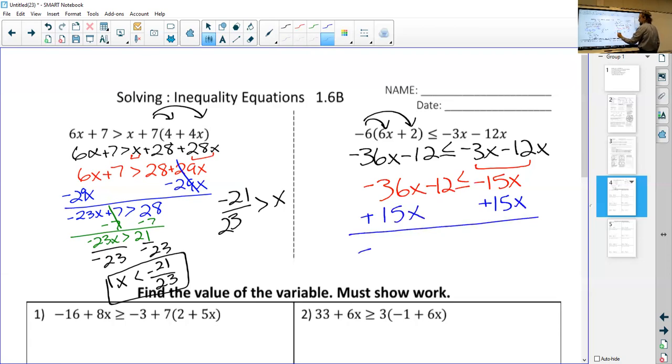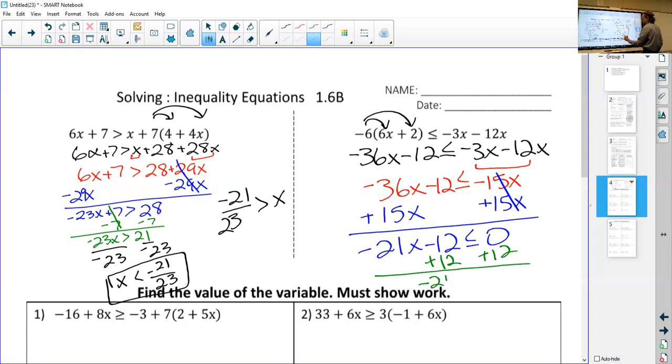This is going to be negative 21x minus 12 less than or equal to 0. Because when we cancel this out, there's nothing left on the right. So we can add 12 to both sides. So negative 21x, these will cancel, less than or equal to 12.